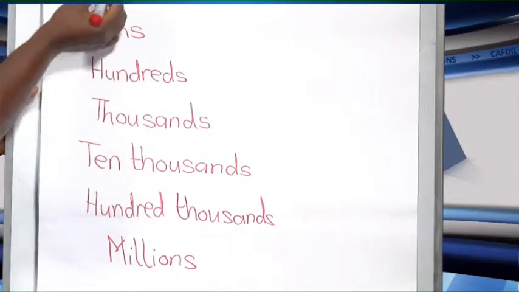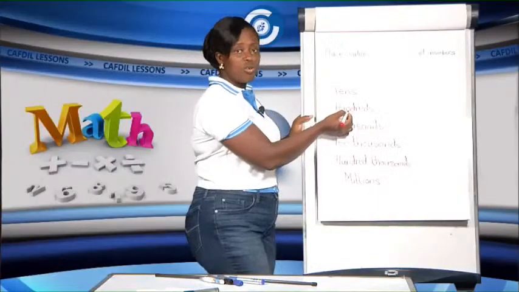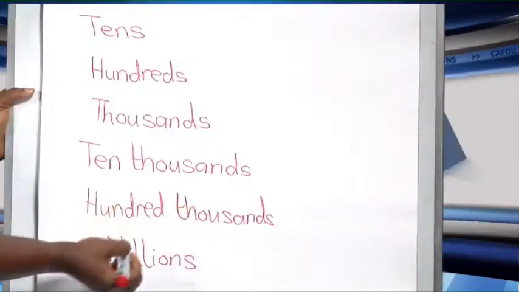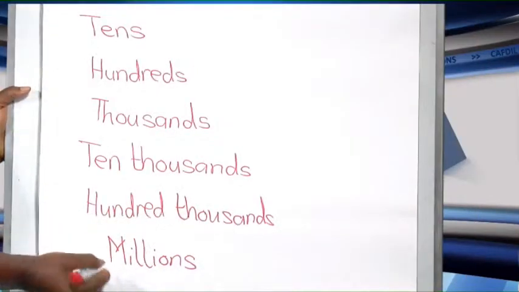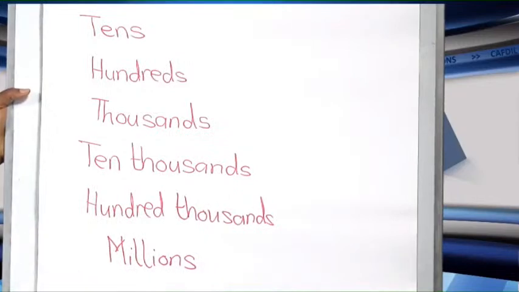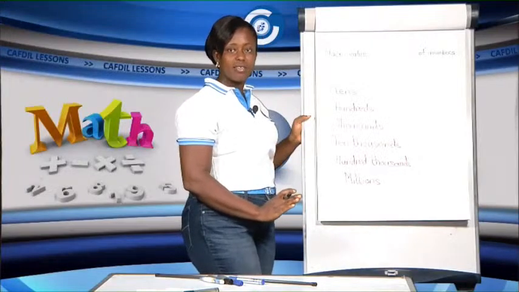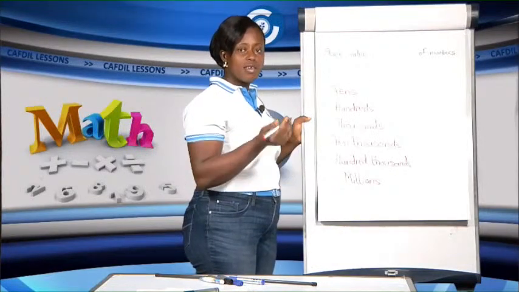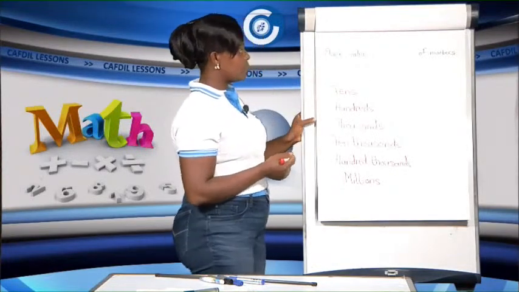So we start from ones, tens, hundreds, thousands, 10,000s, 100,000s, and then to millions. This is where we, Basic 5 learners, will end. When you move to the next class, we're going to look at other places.